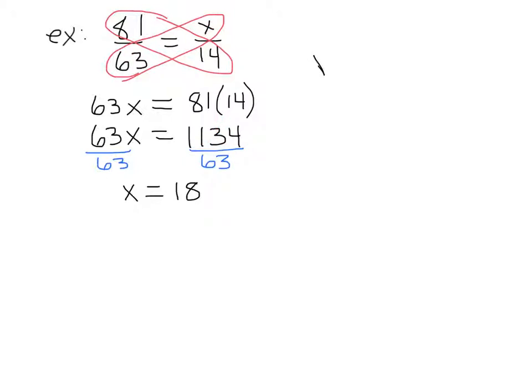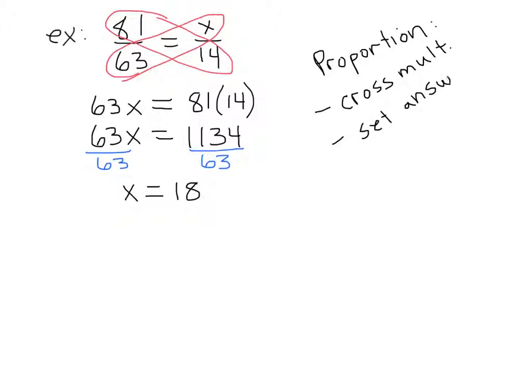Okay, so when you know they're equal and it's a proportion, first thing you're going to do is cross multiply. Then you're going to take those two answers and set them equal to each other. And then solve it like we've been doing for about 2 months.